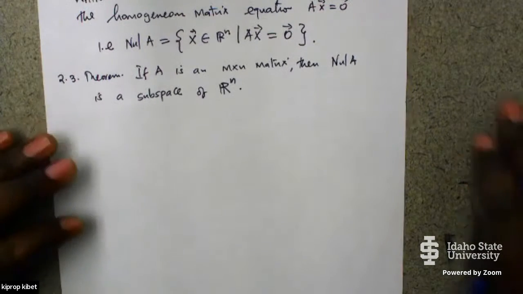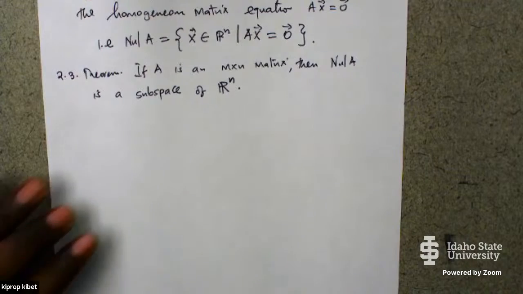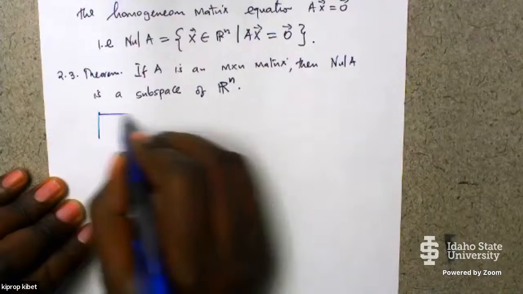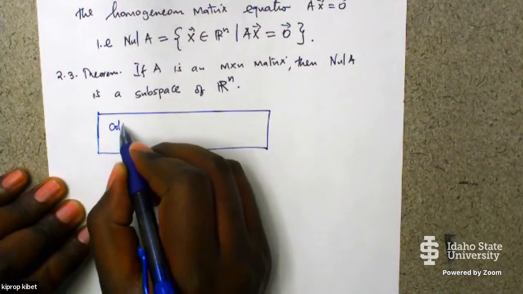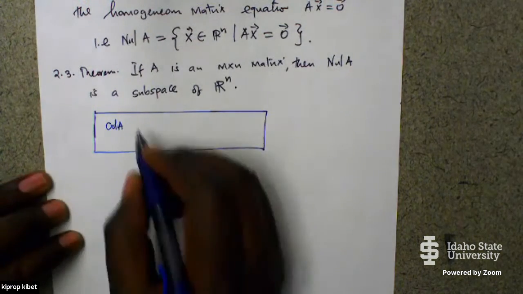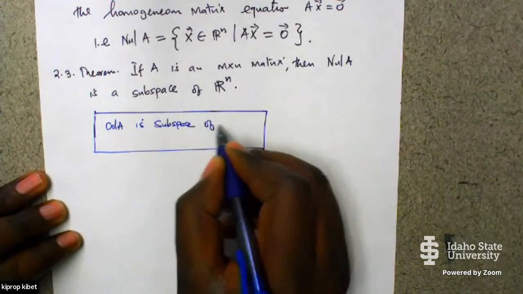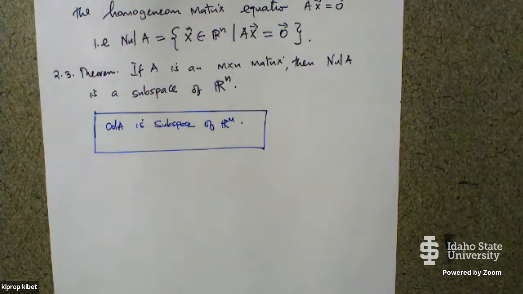Okay, so we were looking at this theorem here. If A is an M by N matrix, then the null space of A is a subspace of Rn. If we remember, the column space of A is a subspace of Rm.